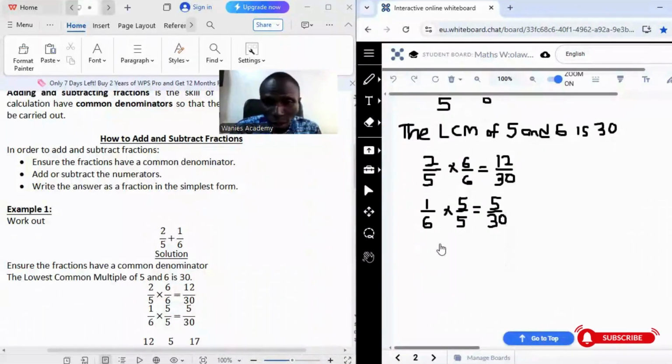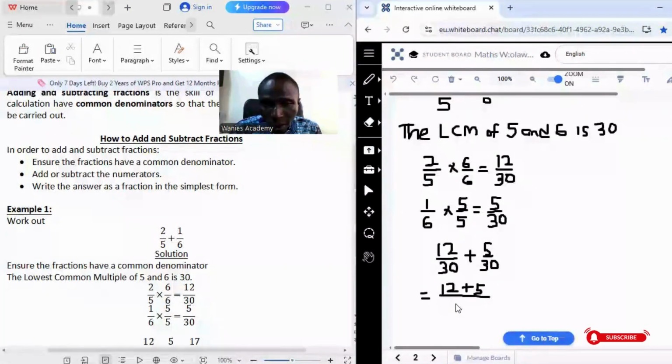So we're going to have this now to be 12 over 30 plus 5 over 30. So the next thing that we're going to do now is to add the numerator. We're only adding the numerator, so we can still have this to be 12 plus 5 over 30.